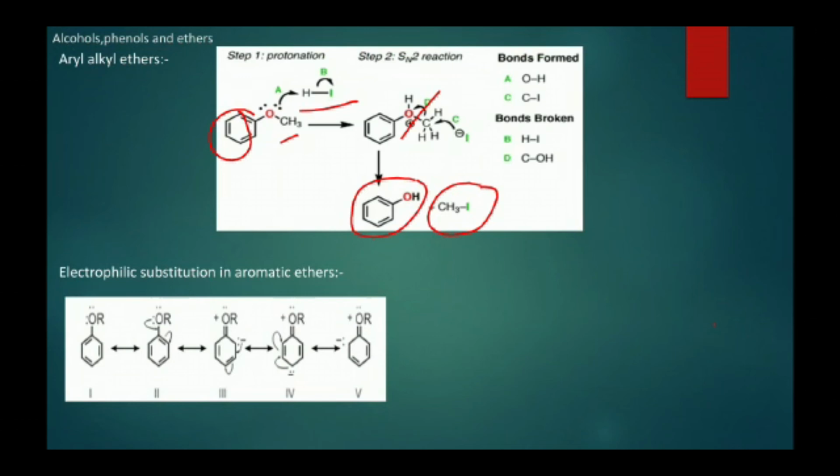When we consider this aromatic ether, the lone pair of electrons of oxygen takes part in the delocalization of the pi electrons of benzene and electron density is created at ortho and para position. Because of that, the electrophile will attack at ortho and para position and give the electrophilic substitution at ortho and para position.